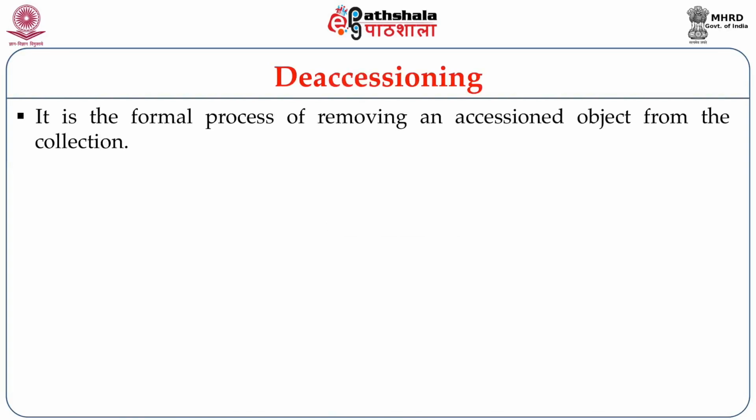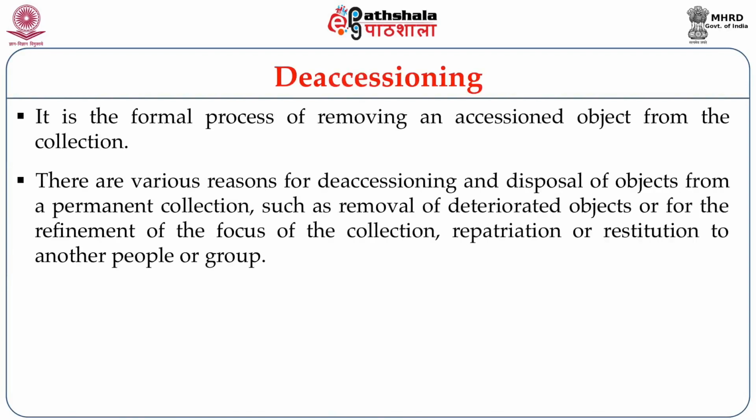It is the formal process of removing an accessioned object from the collection. There are various reasons for deaccessioning and disposal of objects from a permanent collection, such as removal of deteriorated objects, or for the refinement of the focus of the collection, repatriation or restitution to another people or group.